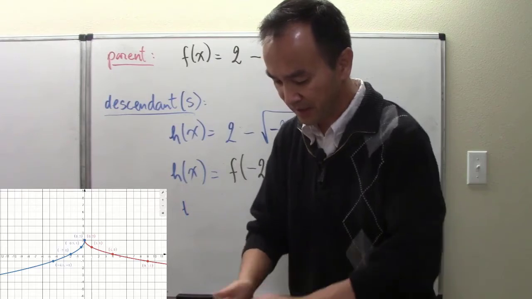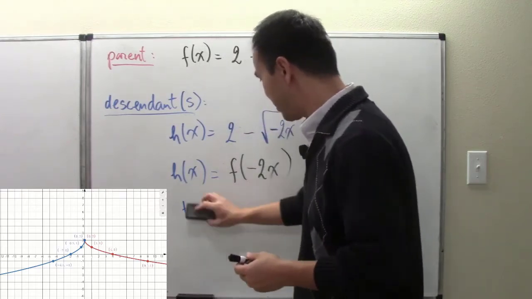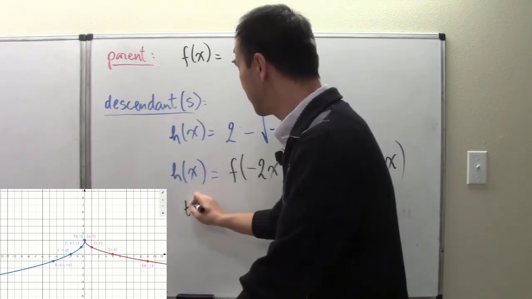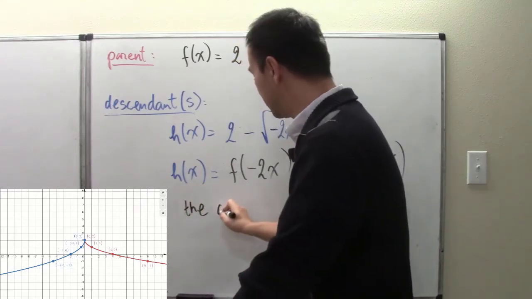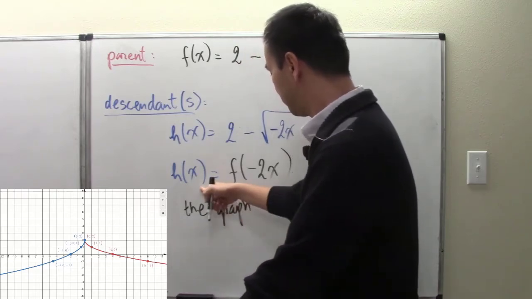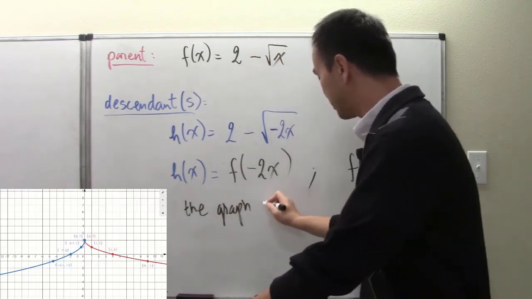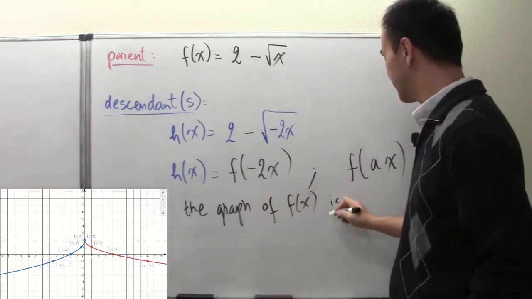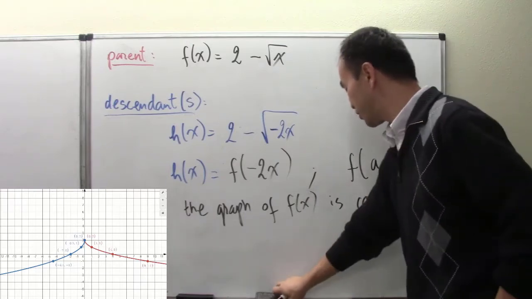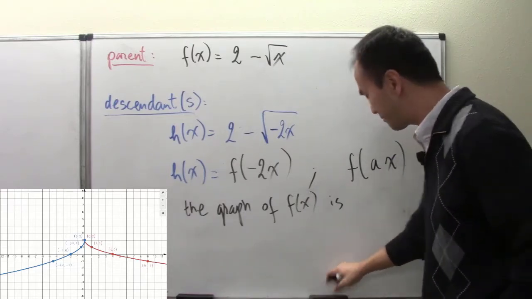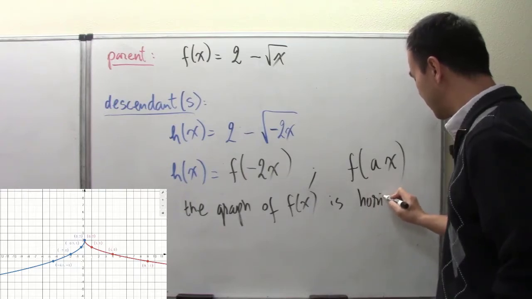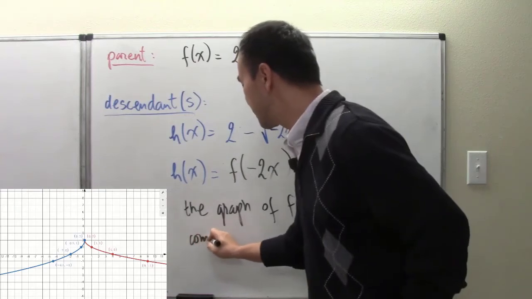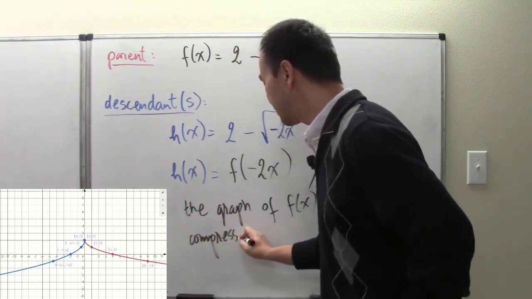The graph of this h of x right here, when we made the graph, we observe that this function h of x caused the graph of f of x to be horizontally compressed, just like the earlier problem. But now there's something extra.